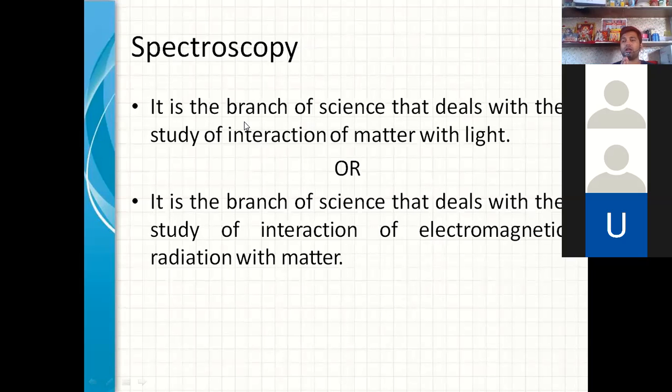What happens when electromagnetic radiation interacts with matter? Or, it is a branch of science that deals with the study of interaction of electromagnetic radiation with matter, the same thing.